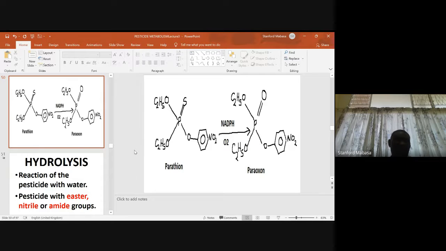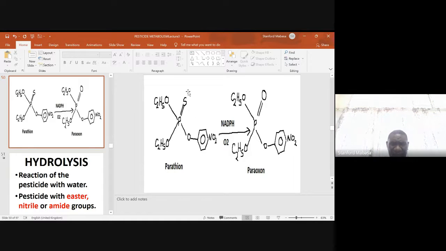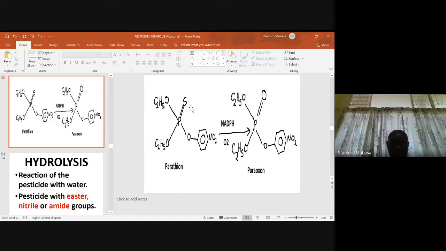For example, we have got the insecticide known as parathion. This is parathion. I think we can make it even more toxic by removing S and replacing S with the oxygen. So parathion becomes paraoxon. And it's quite toxic.